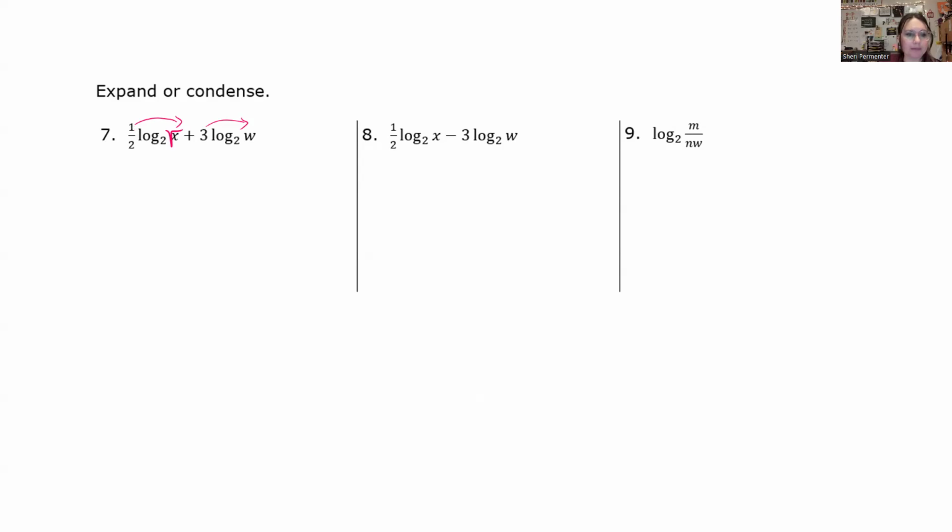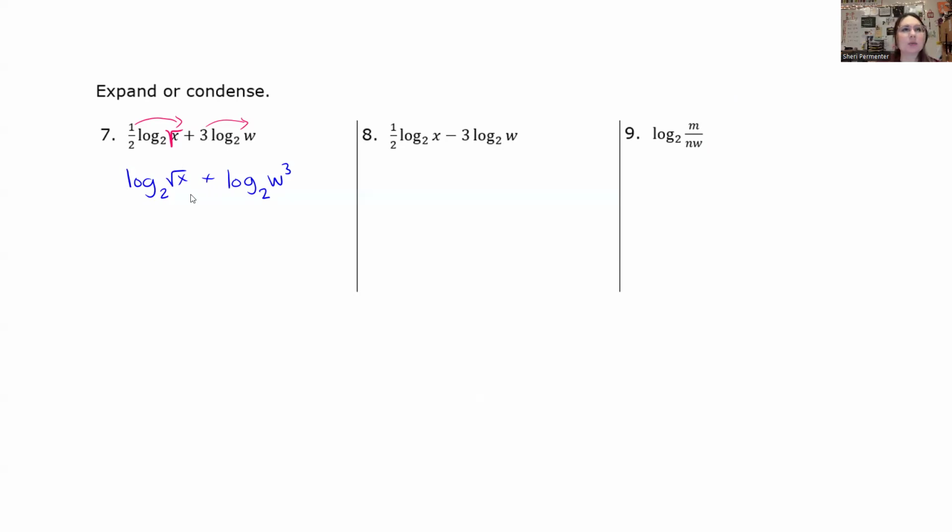So I will rewrite it. As soon as I don't have a number in front anymore, I can condense it further. And when I'm adding and I condense, those become multiply.